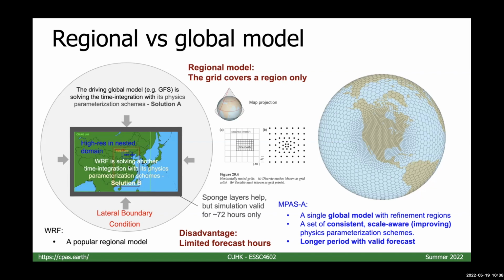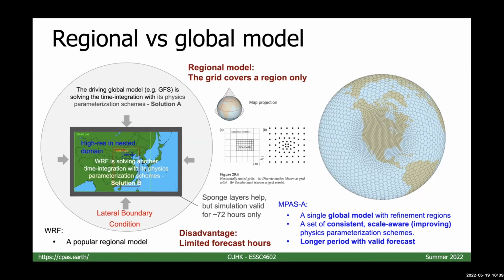So as the time integration evolves, your regional model wants to arrive at solution B, while the global model is feeding you data corresponding to solution A. So it is actually incompatible, and as time evolves longer and longer, something bad will happen, and the solution will be kind of polluted or spurious.